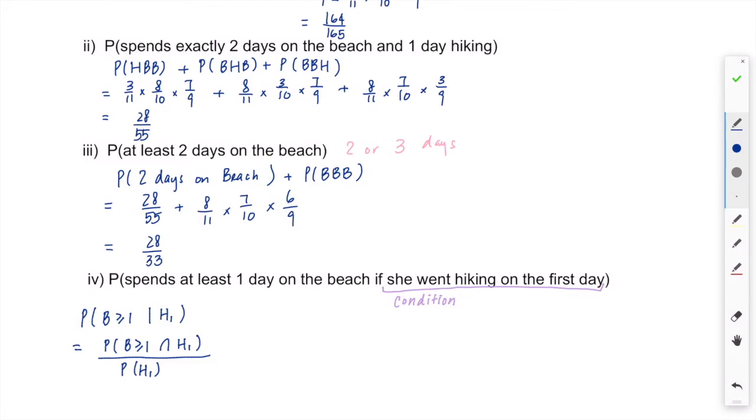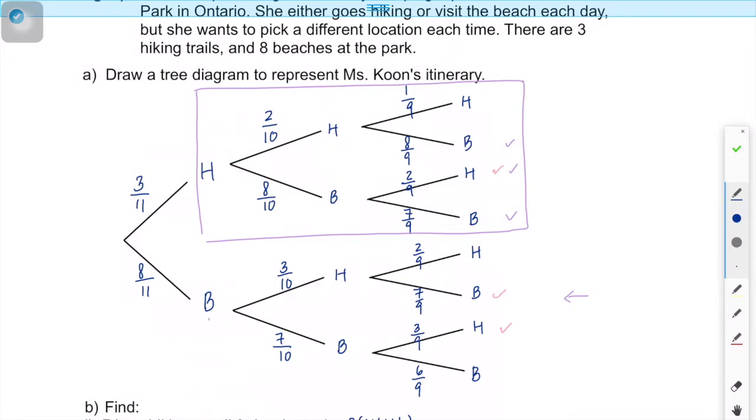So let's go back to the tree diagram. We are thinking about the stuff in the purple box. Out of those events, which cases are included? It would be HHB, HBH, and HBB.